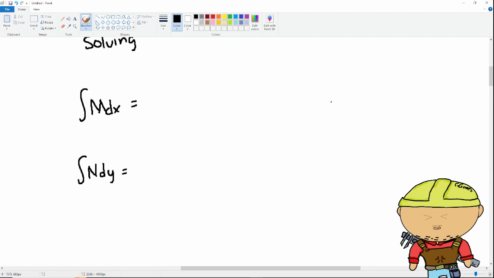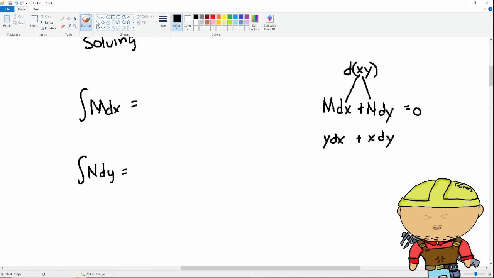Notice that if we have a differential equation of M dx plus N dy and it's an exact equation, M dx and N dy can be considered two parts of a product rule. When we say product rule, let's say xy, it will be differentiated as y dx plus x dy.